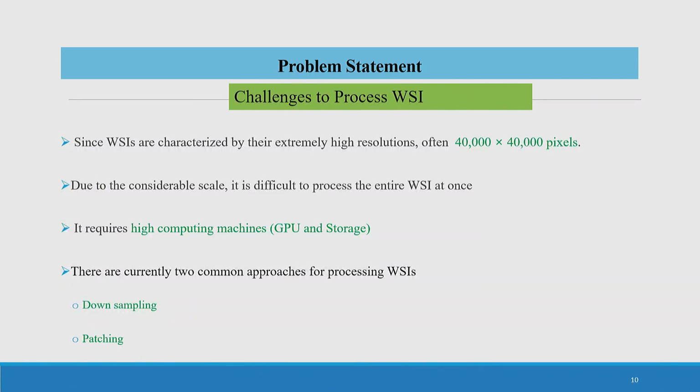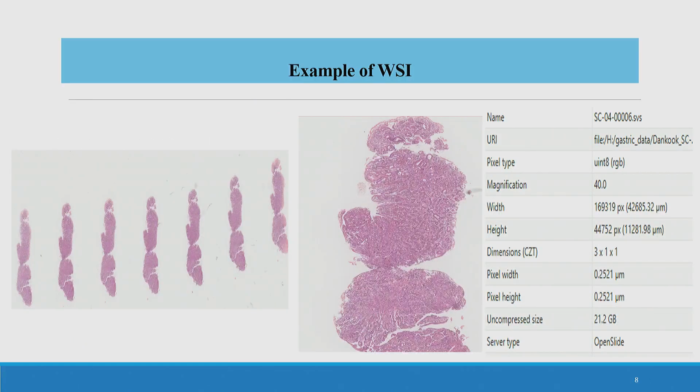One limitation is that it needs high quality, high performing computing machines. The other limitation is that WSI is very big. Either we have to downsample to apply AI techniques on the whole slides, or make patches of the whole slide. Patches means dividing the whole slide into smaller patches of 256 by 256, 416 by 416, according to your need.